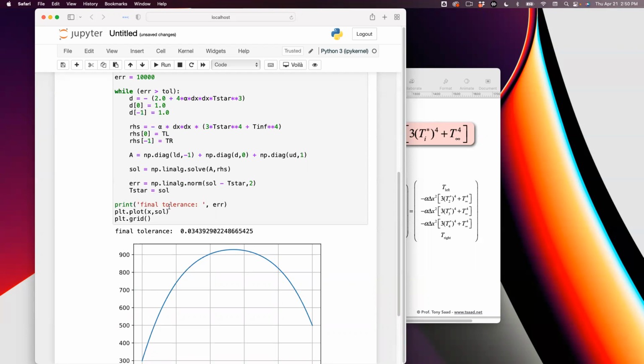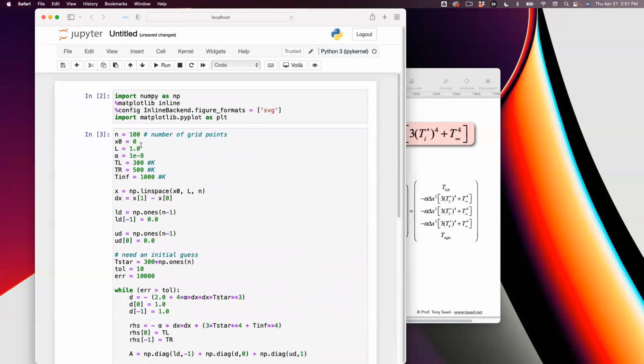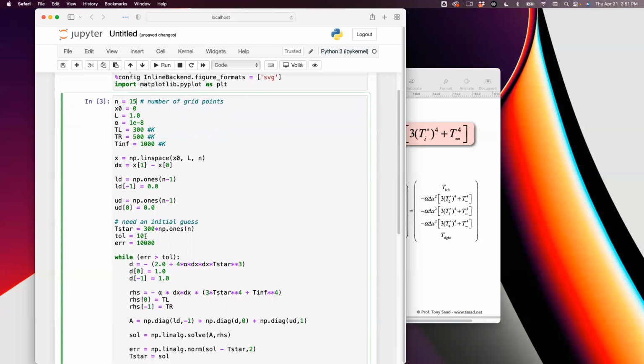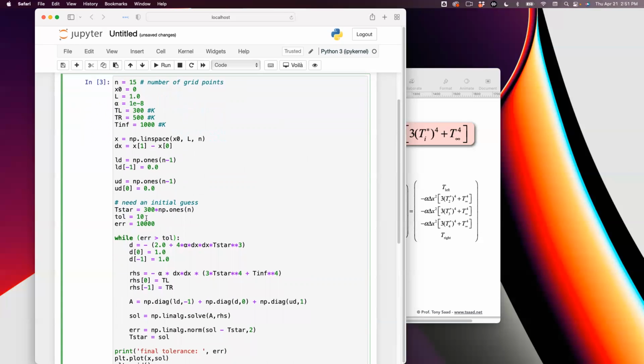Okay. Beautiful. So now let's drill down and see a little bit how T star is changing. I'm going to do this for like 15 points so that we can see this a little bit, and just do this for a fixed number of iterations, or maybe just increase the tolerance a little bit.